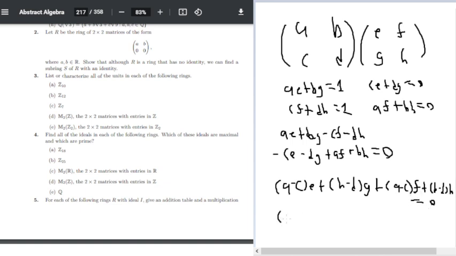Which we can then factorize to get A minus C times E plus F plus B minus D times G plus H is equal to 0.